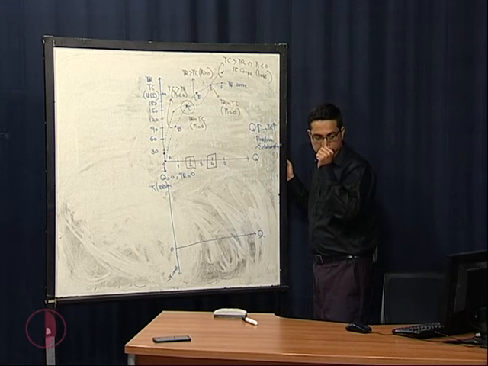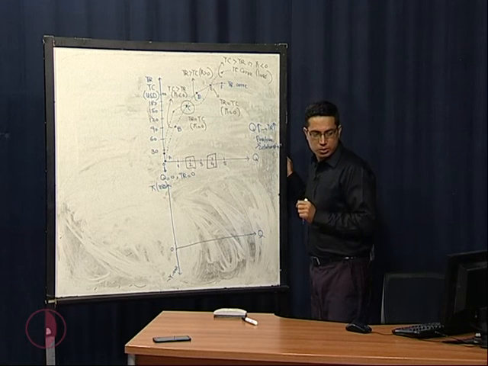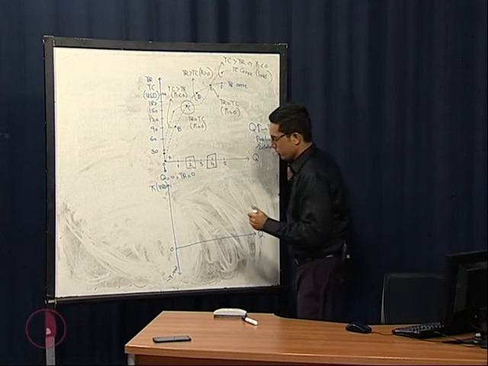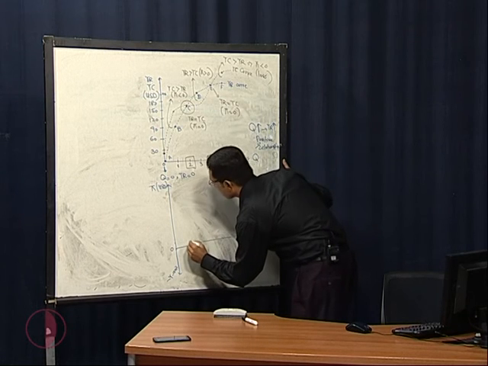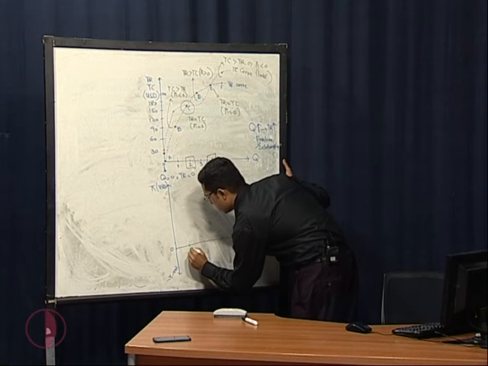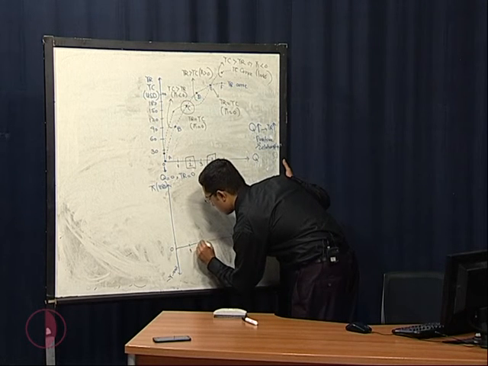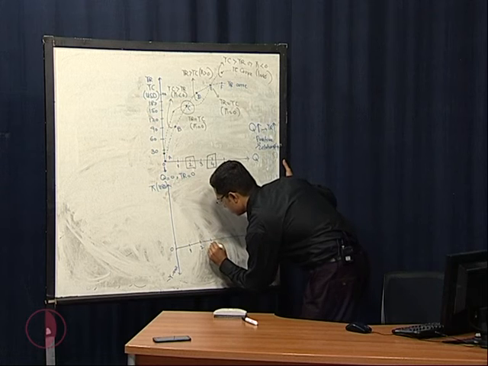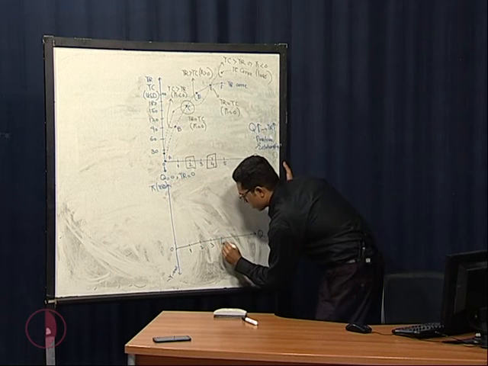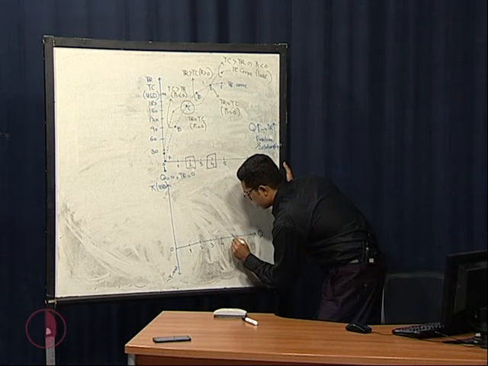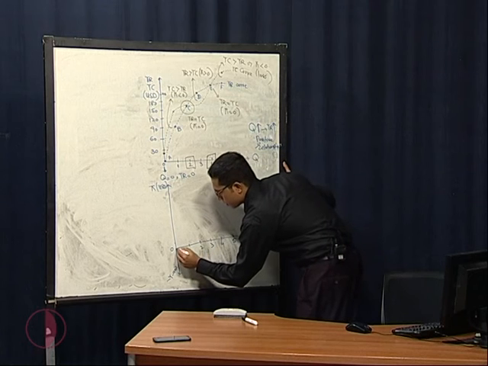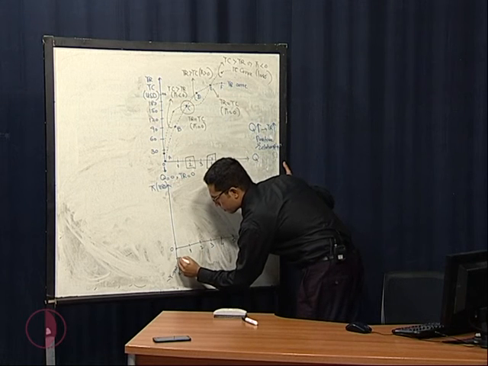From this table we can see that when output was 0, the profit was minus 20. 1, 2, 3, 4, 5. When output was 0, profit was minus 20.